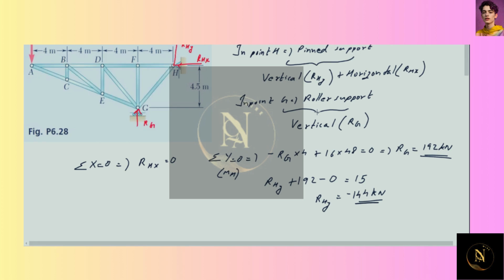That means the direction is opposite. Here the direction we have given creates tension, but because there is a negative sign, that creates compression. That's denoted by letter C, and the RG also creates compression. Now let's move to the next.